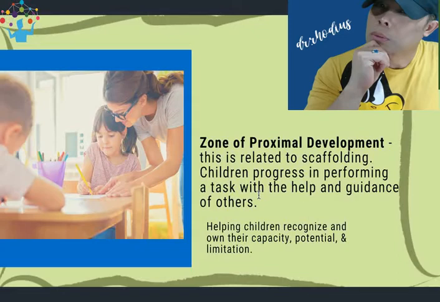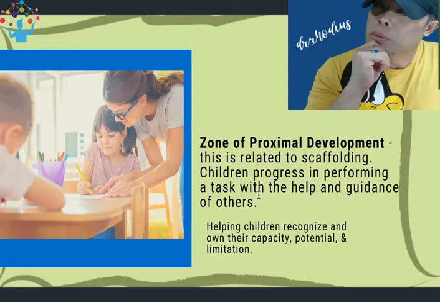a specific skill, right? And again, we help children recognize and own their capacity, potential, and limitation. So when we are creating an opportunity for children to target a specific skill, we also create an opportunity for children to recognize and become aware: oh, this is my capacity, this is my potential.